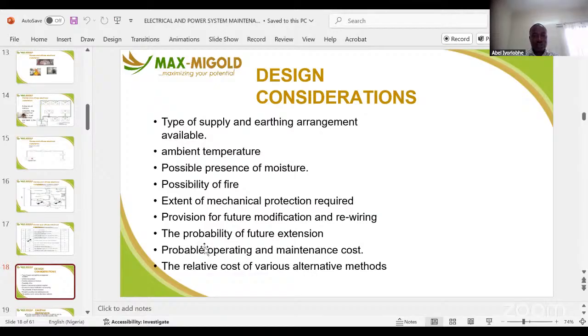Future expansion, modification, rewiring, portable operating and maintenance costs. Most people just see something abroad, come to this part of the world and replicate the same thing, not putting maintenance costs in perspective.